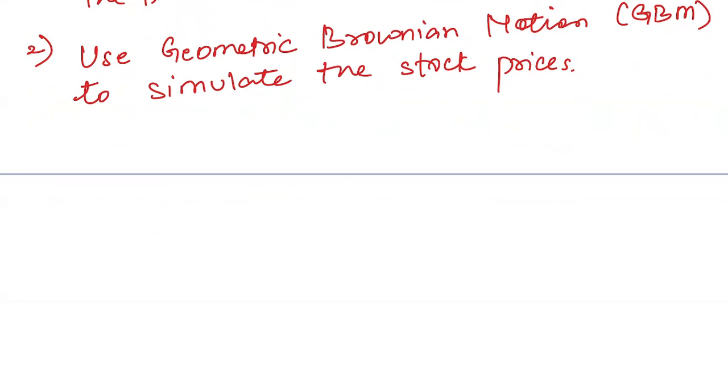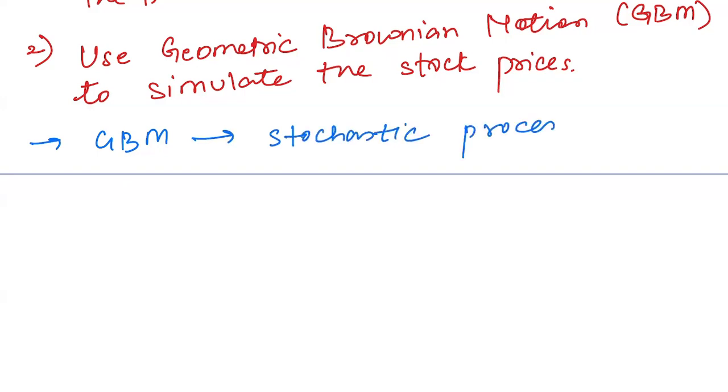So geometric Brownian motion, also called GBM, is a stochastic process that is commonly used to model the evolution of stock price in financial mathematics, or let's say in quant finance. The word stochastic basically means random.